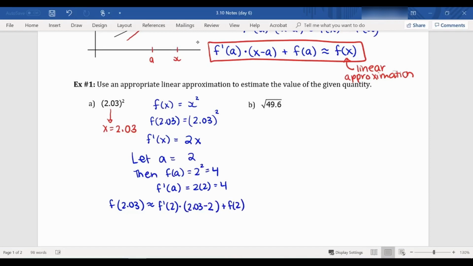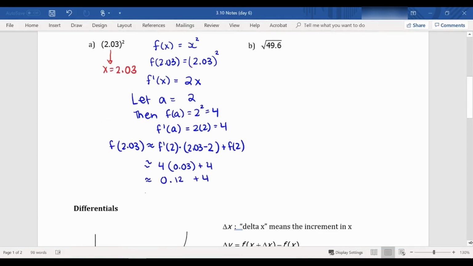So f prime of 2 is 4. 2.03 minus 2 is 0.03. F of 2 is also 4. So this gives me approximately 0.12 plus 4, which means f of 2.03 is approximately 4.12.